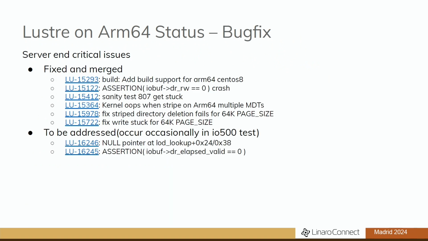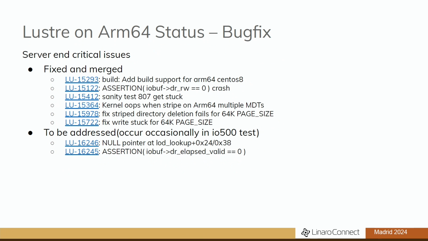Okay, let's go to the bug fix part. When we set up the CI and ran the CI, we found several, not many, but at least maybe 1 to 10, about 10 very critical issues to solve at first.